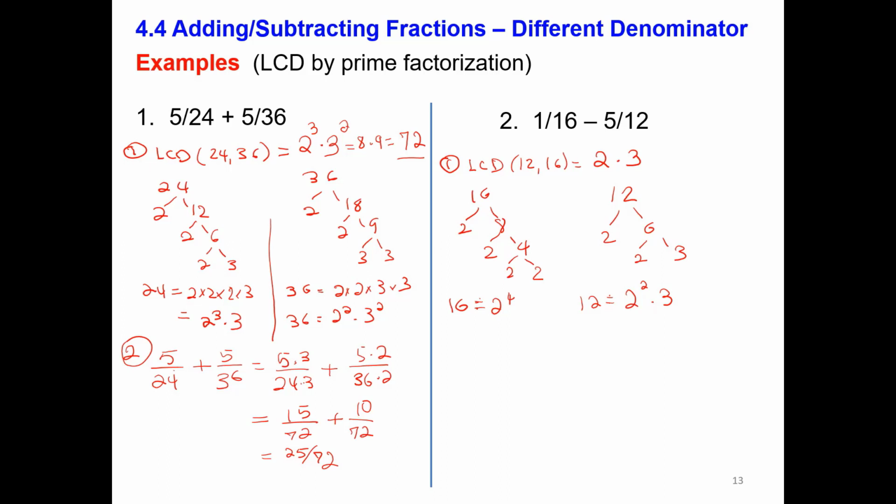We need to select the larger power, which is 4, and 3 is just 3 to the first power. Then 2 times 2 is 4, 4 times 2 is 8, 8 times 2 is 16, 16 times 3 is 48. So the LCD in this case is 48.